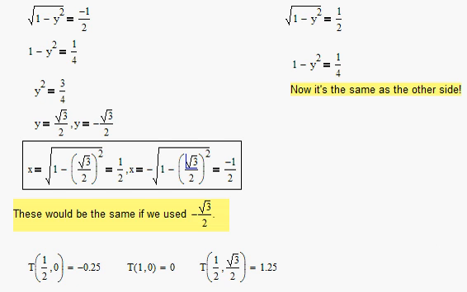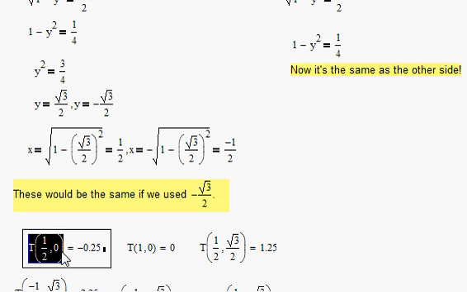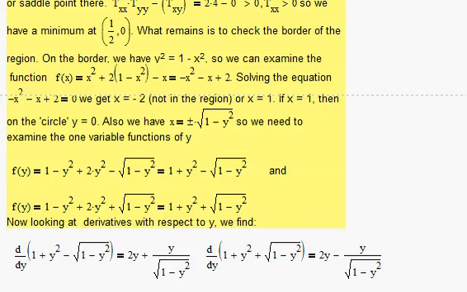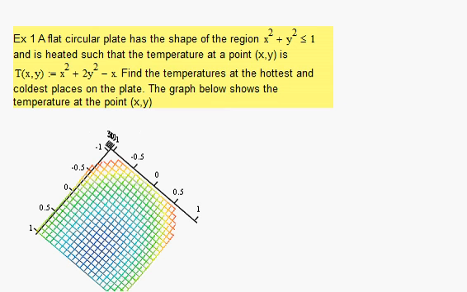So what's the story? Well, we have a minimum temperature at x equals 1/2, y equals 0, and if you check out the values for that, if x equals 1/2, then this is 1/4 minus 1/2, which is negative 1/4, and this is 0.